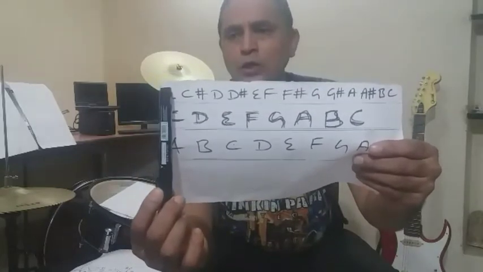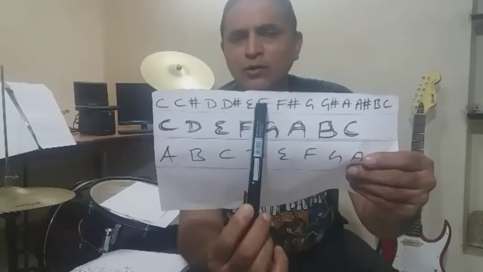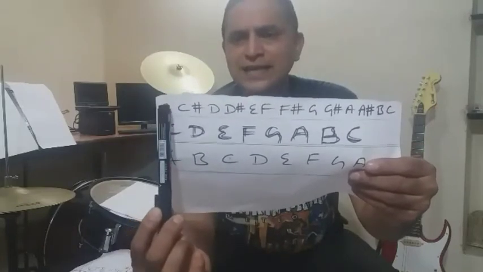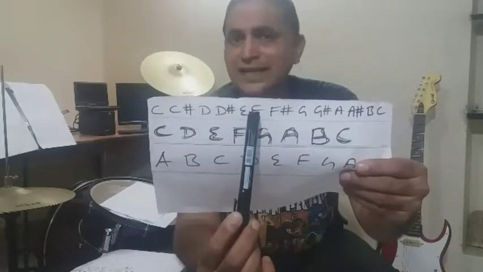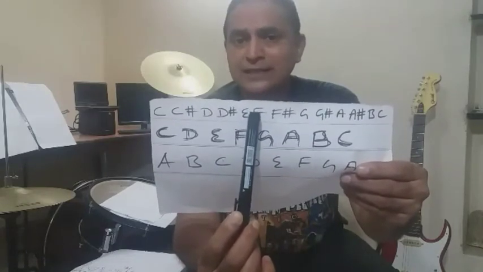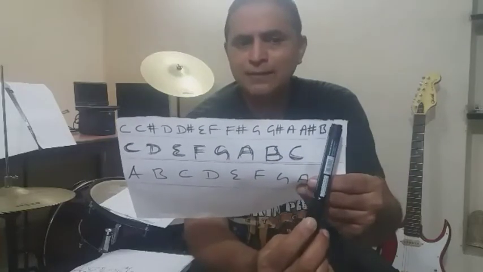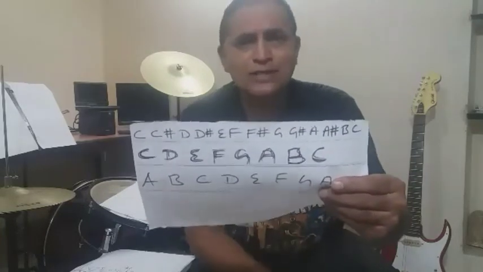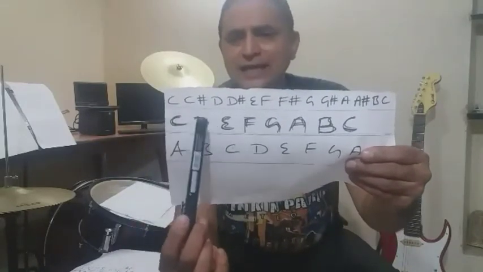Now tone, tone, semitone. So I got C, D, E, F. C, D, E, F, no sharps. Next, tone, tone, tone, semitone. All natural notes I got. So ultimately I got this: C, D, E, F, G, A, B, C. Correct, no?